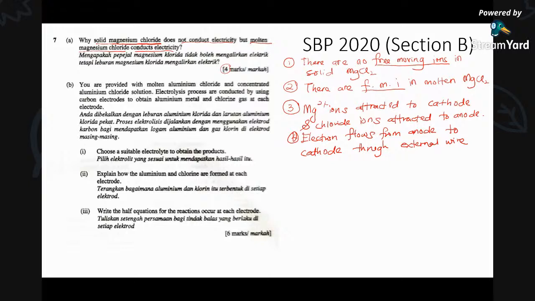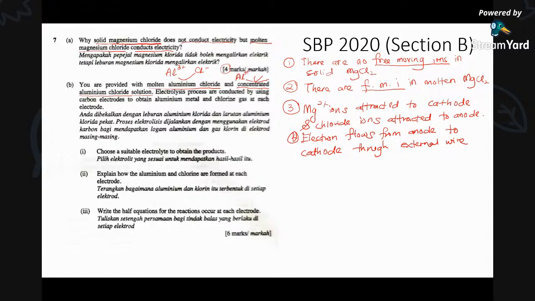You are provided with molten aluminium chloride and concentrated aluminium chloride solution. So there is a difference. In molten aluminium chloride, you only have 2 ions, Al3+ and the chloride ion. In concentrated aluminium chloride solution, you have 4 ions because you have to put it into water and dissolve it.